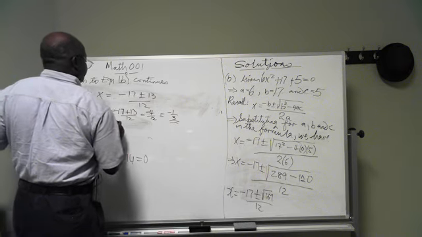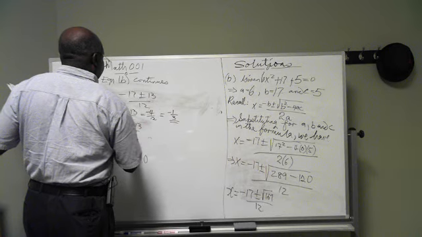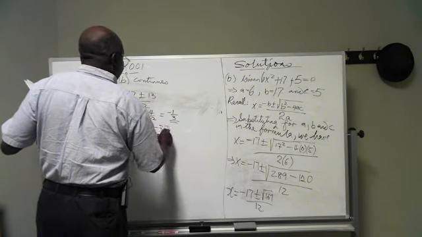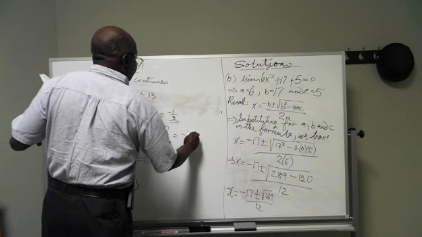x2 equals minus 17 minus 13 over 12, which is equal to minus 30 over 12. That gives you minus 2.5.